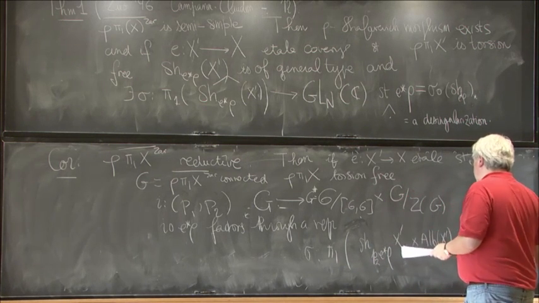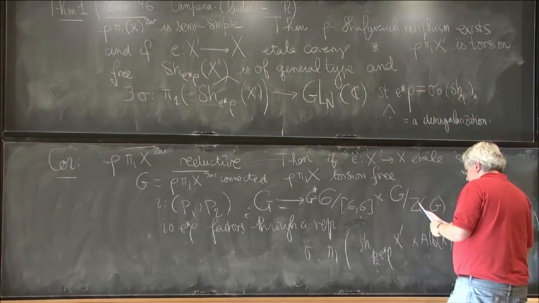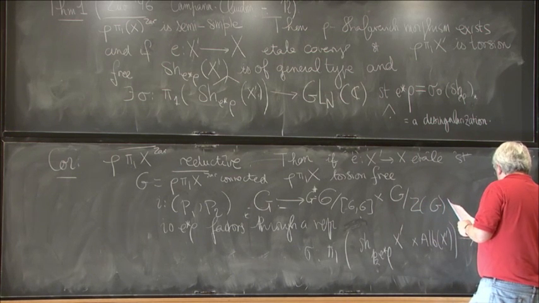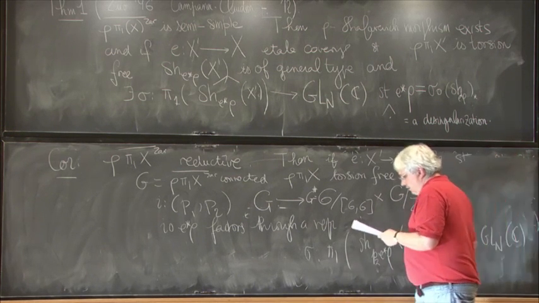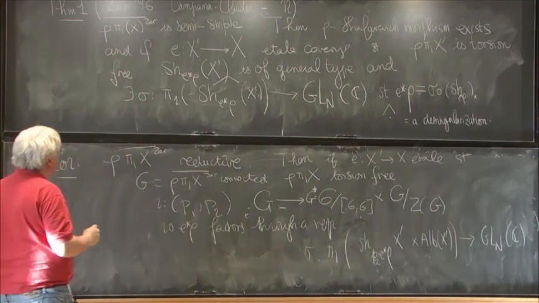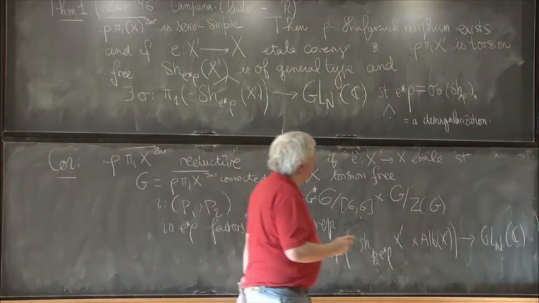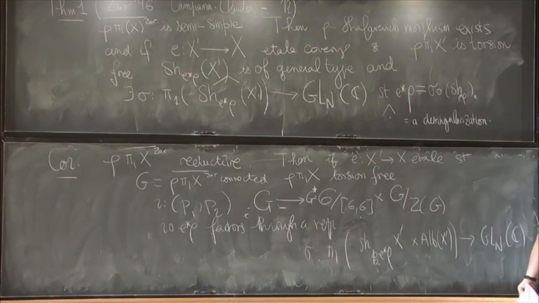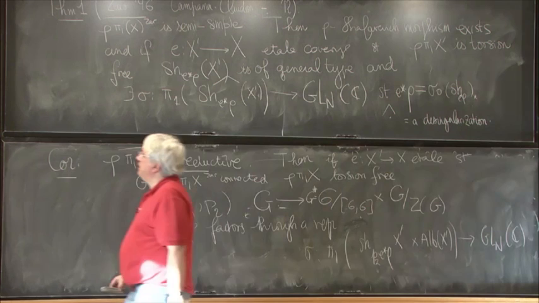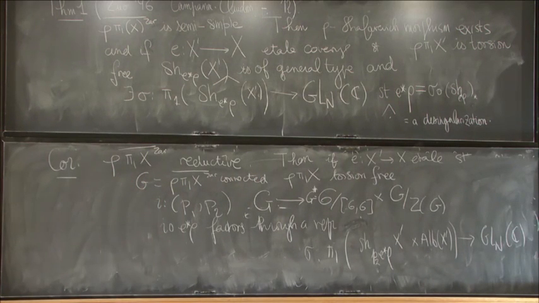So it's a product of a general type variety by a complex torus, inside GL_n of C. Well, it's certainly a trivial corollary, but I have to state it because I will need it in the slightly less sketchy proof of the theorem.